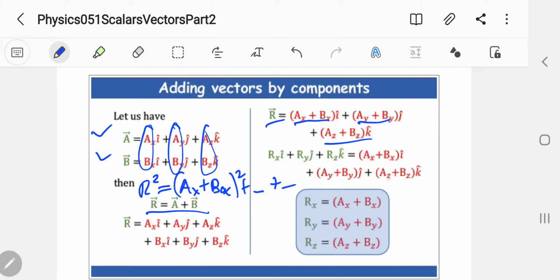So this is your x component of the resultant, the y component of the resultant, and then the z component of the resultant.